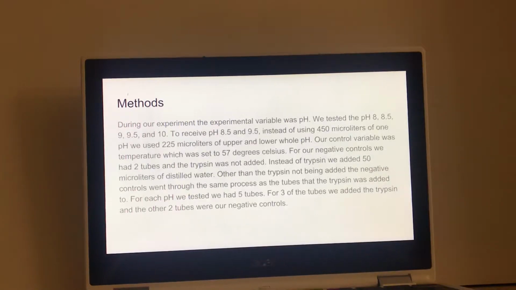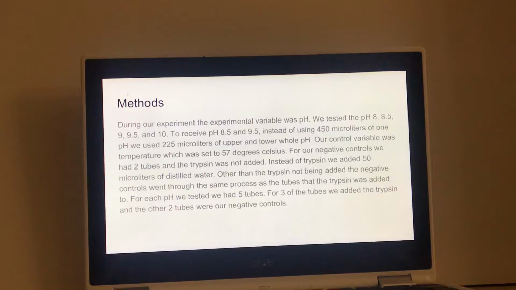We of course had negative control groups, because we always want a control group to make sure that we are actually seeing the difference. For our negative control, instead of adding trypsin to the mix, we added 50 microliters of distilled water, so that we have an equal volume on both sides.